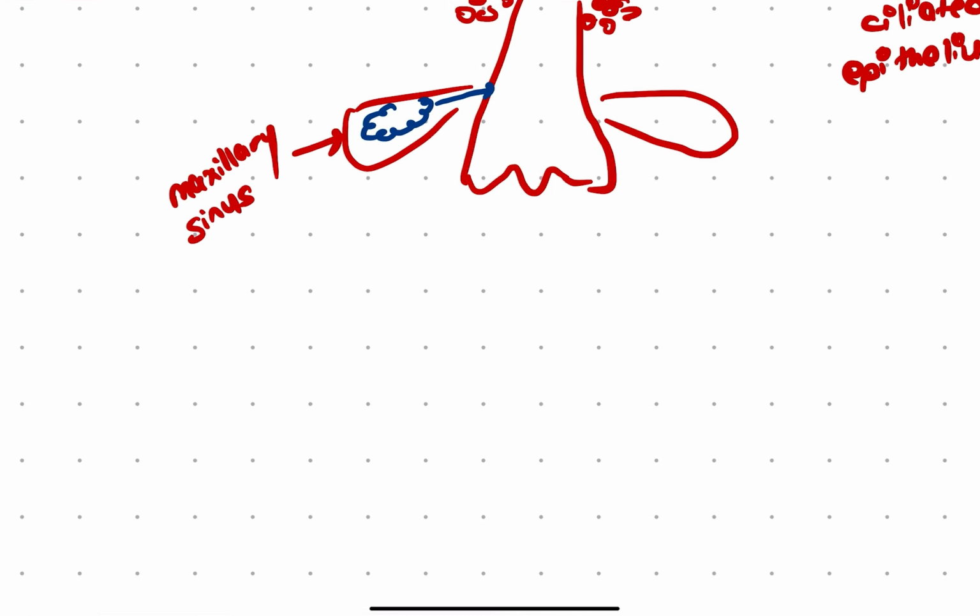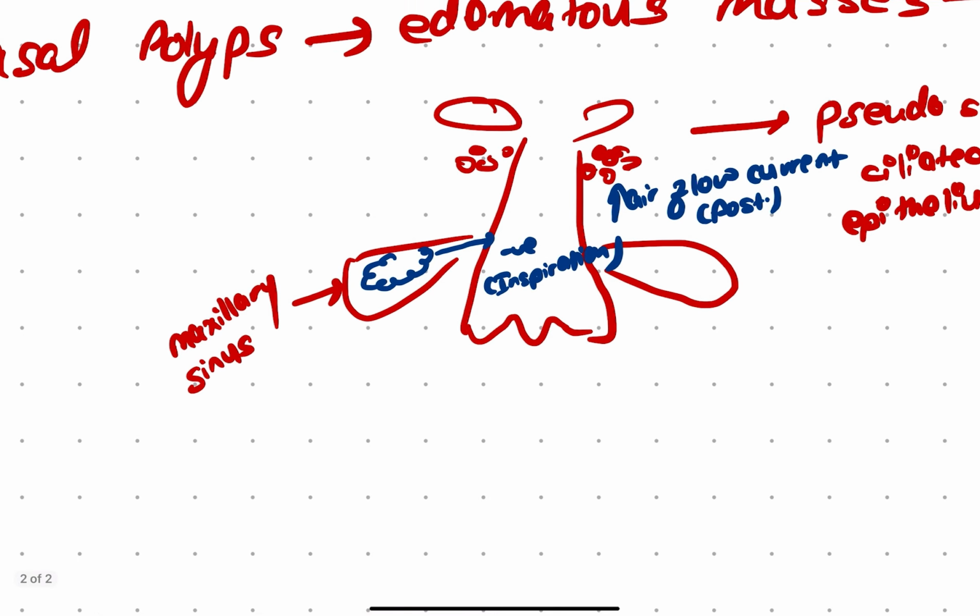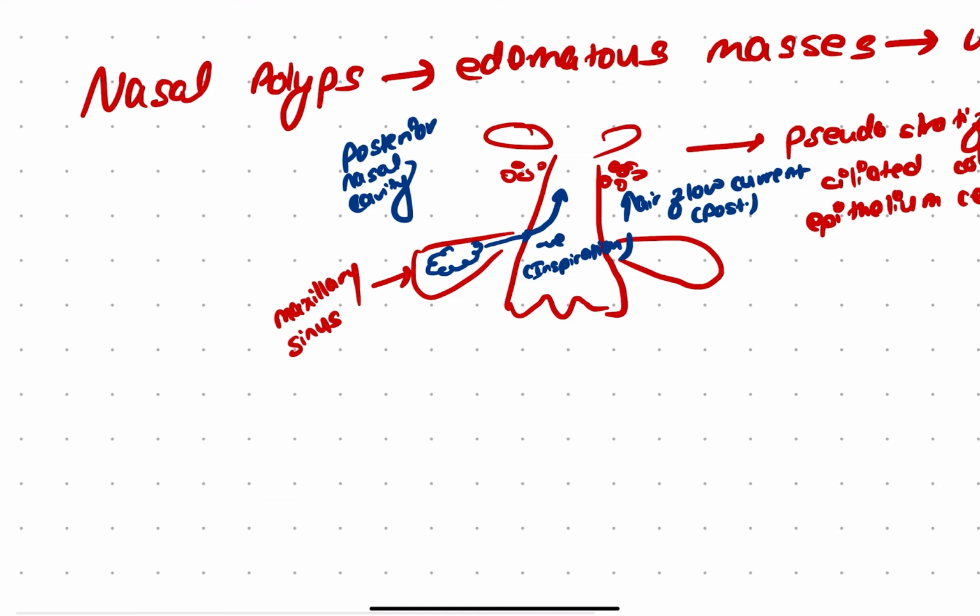Because of the negative pressure generated during inspiration, the air flow current in the posterior direction, the posterior beating of the cilia, and the posterior nasal cavity being wider, this mass starts to grow posteriorly and forms an antrochoanal polyp.